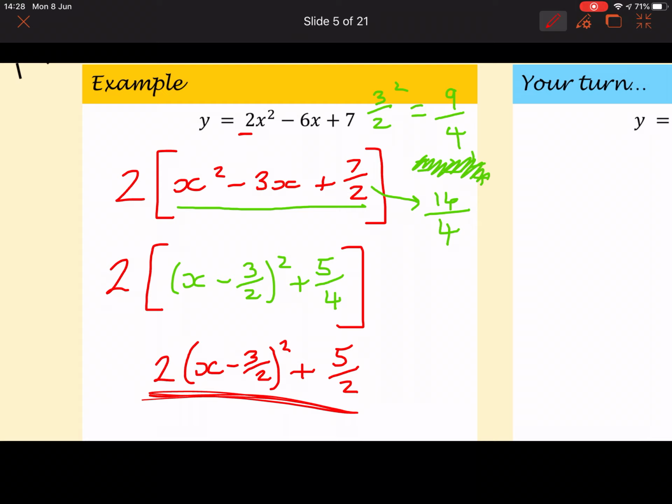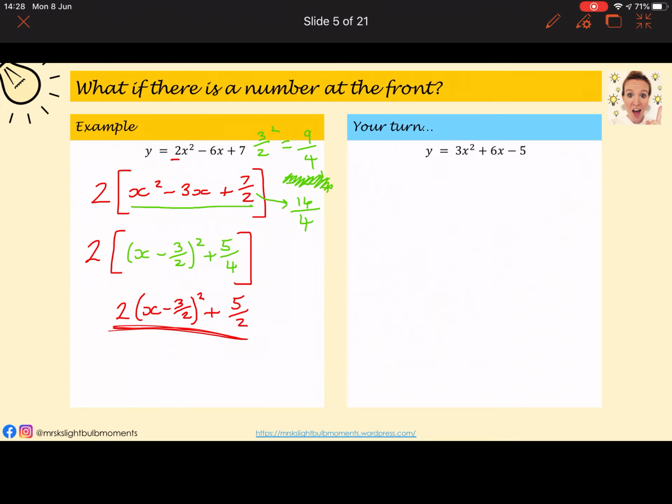Are we happy with that bit? So take the 2 out completely, complete the square on the equation inside, and then just put that 2 back in. Write it in front of the bracket, and then multiply that last term. Okay, have a practice then.